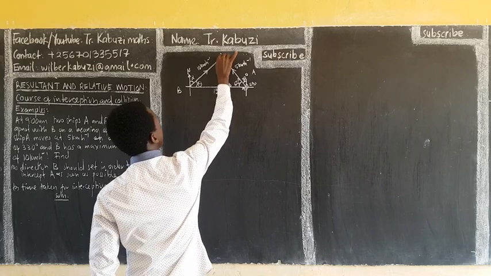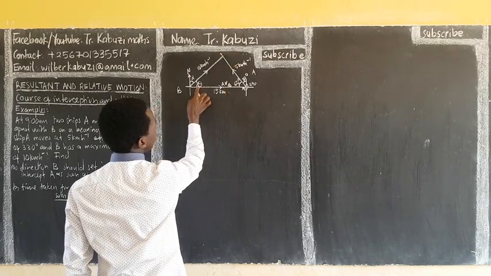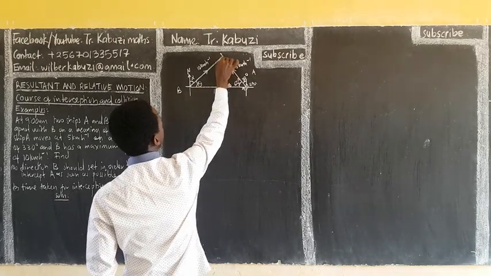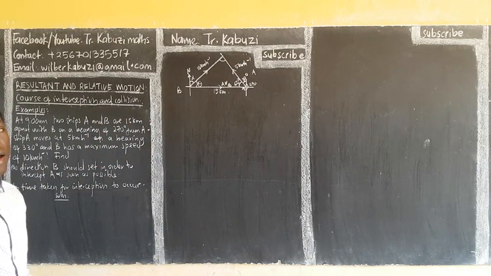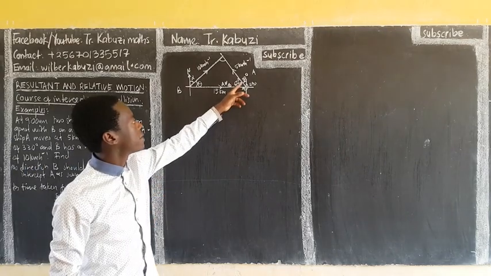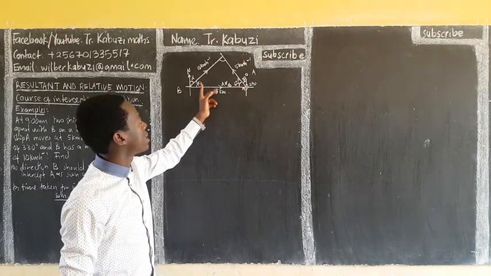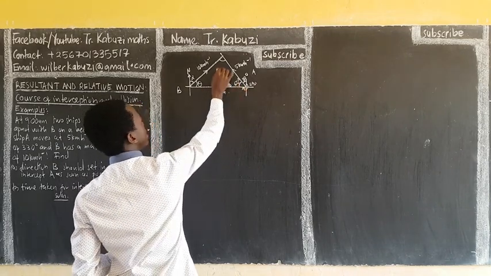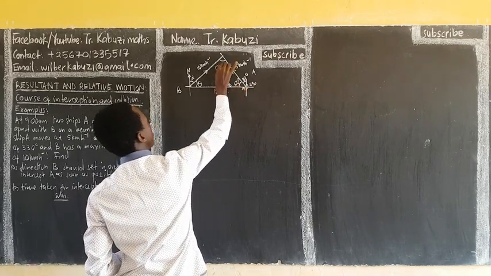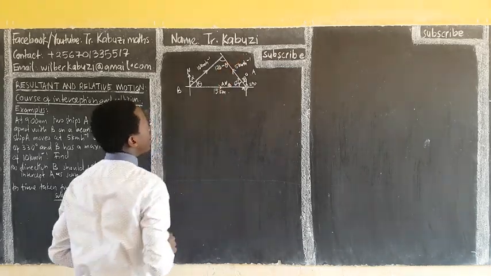If this is theta, and this is 60 degrees, the angles of a triangle add up to 180. So if we have 60 already, and this is theta, the balance is 120. So this is going to be 120 minus theta.